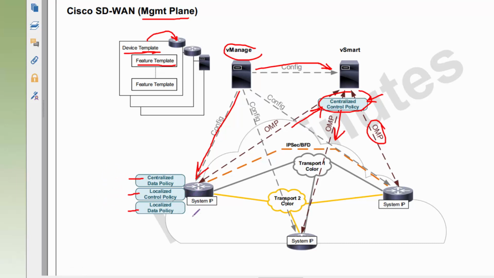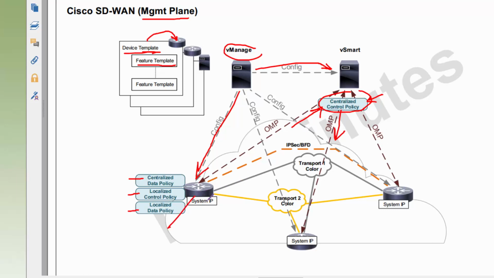And the last we have is the localized data policy. And this is similar to the centralized data policy. As you can see, the similarities in the names and where it actually takes effect. They're similar in that it matches the packet and performs some sort of actions, with the difference being the localized data policy is actually pushed and becomes part of the WAN edge config. And this is applied per interface.